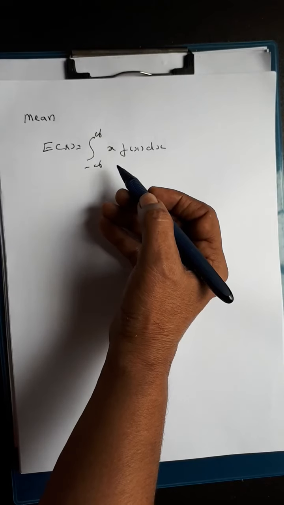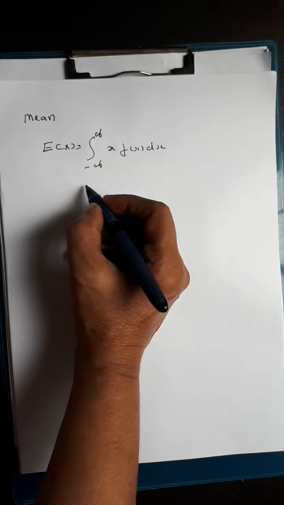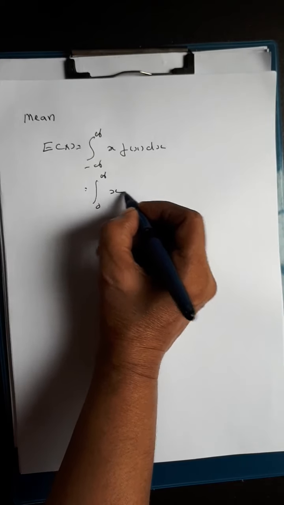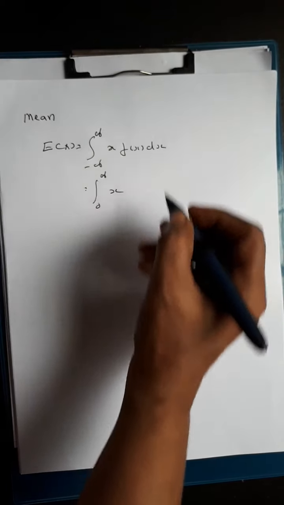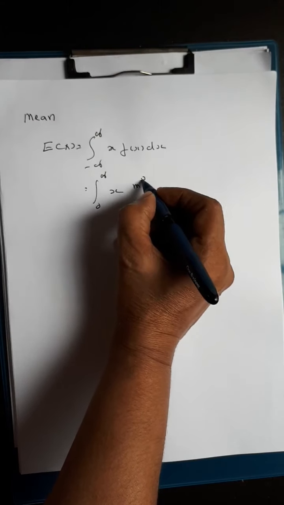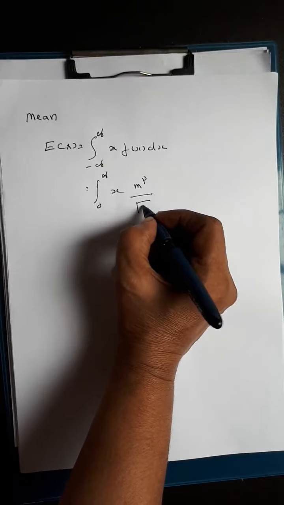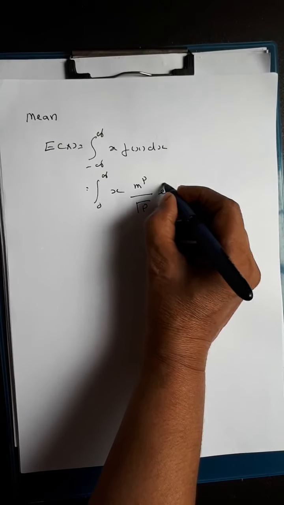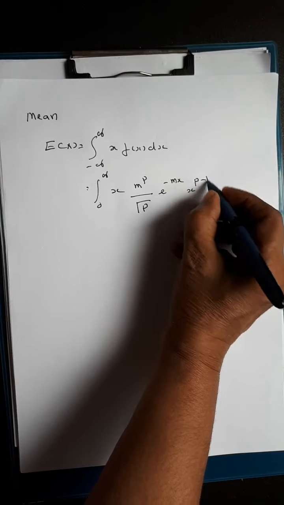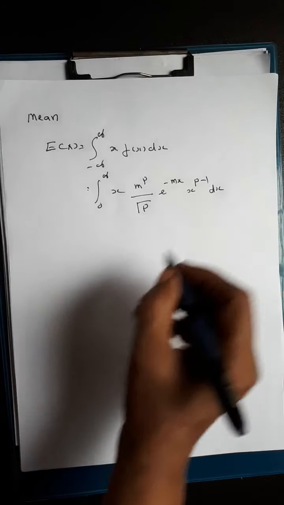Here the limit is from 0 to infinity, so integral 0 to infinity x, and probability density function is m raised to p divided by gamma p e raised to minus mx x raised to p minus 1 dx.